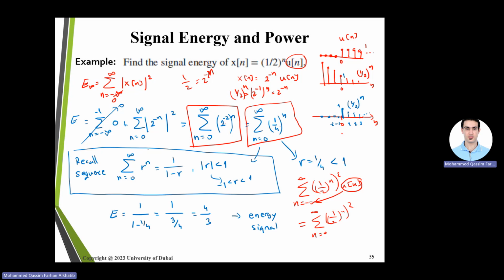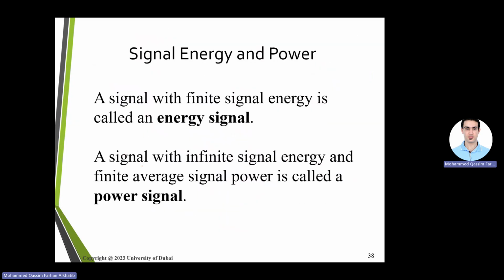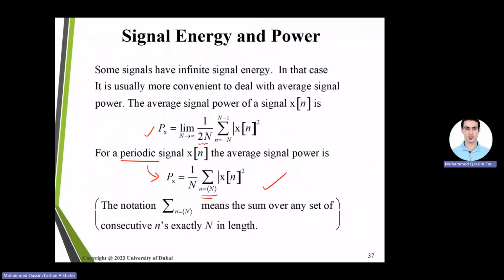There you go, that's the expression here. And the condition is that r should be less than 1, which holds here. So in this case, I will have 1 over 1 minus r, and the result will be 4 over 3. Again, I think the tables are provided. Okay, I thought they were provided.